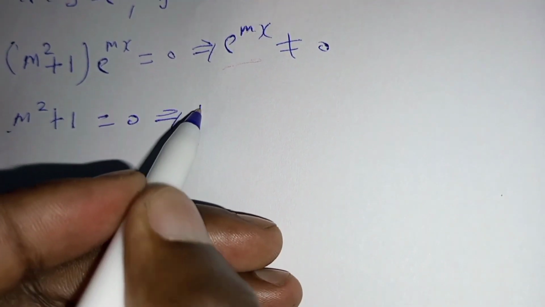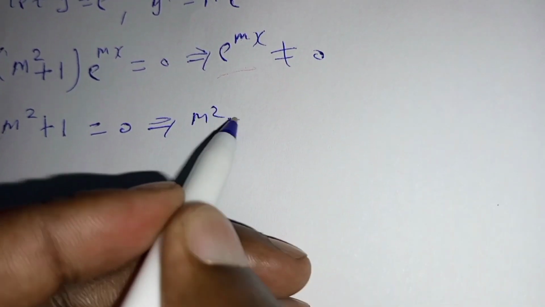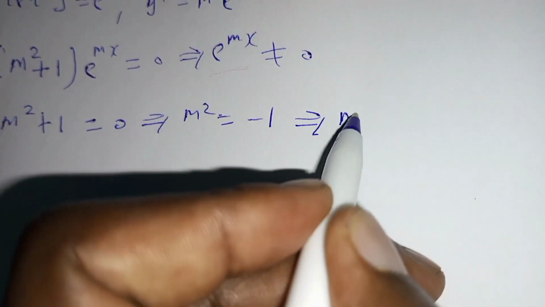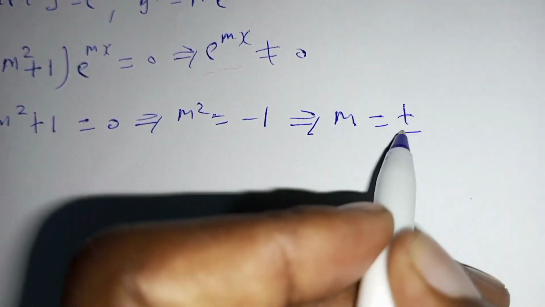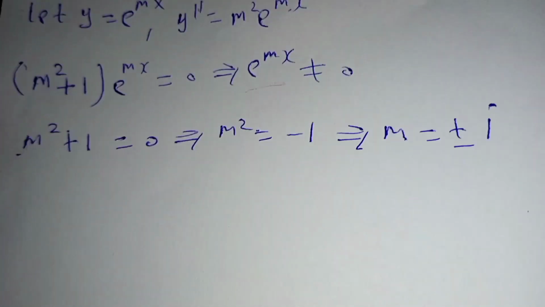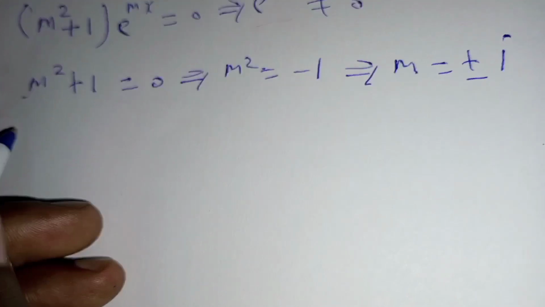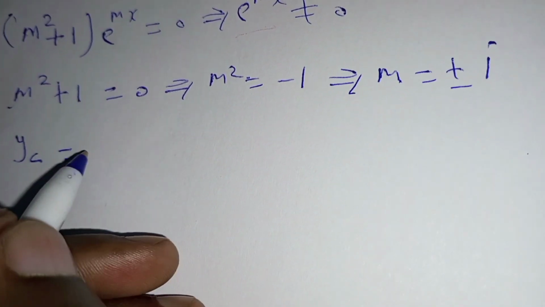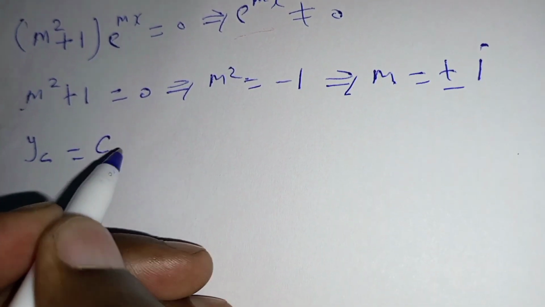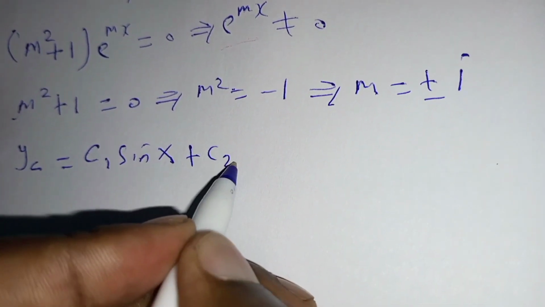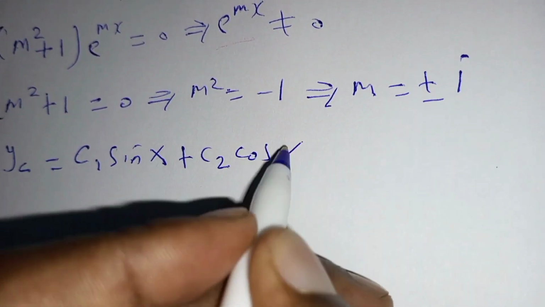This follows that m squared is equal to -1, which implies that our m is equal to plus or minus i. Square root of a negative number contains i, so our y complementary will be equal to C1 sine of x plus C2 cos of x.